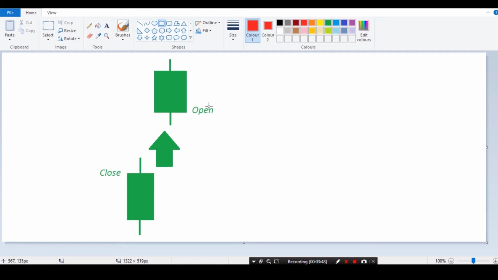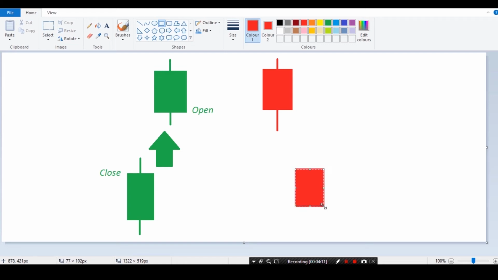So let me give you an example of a gap down. So there's our candlestick forming. And price would have moved so fast down that it would have left a space in the market. Now, how do we know whether this is a gap up or down?